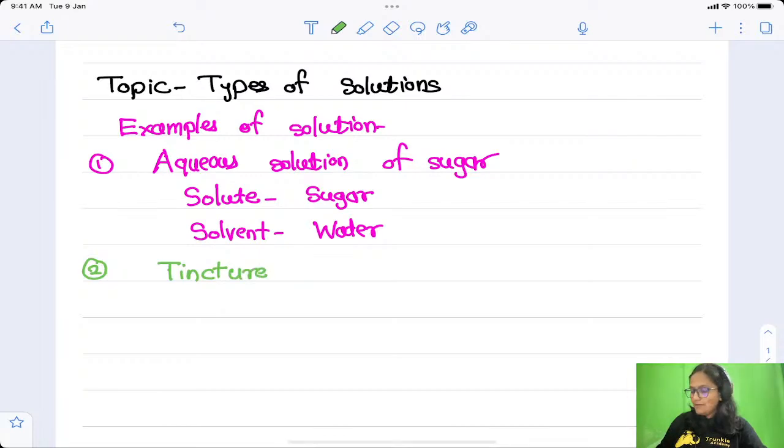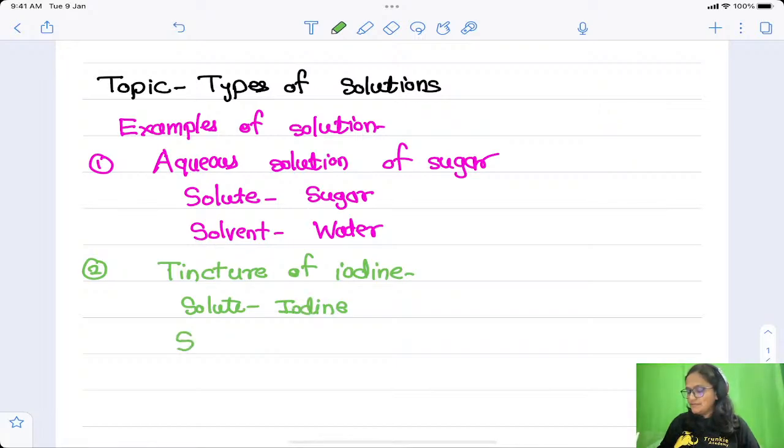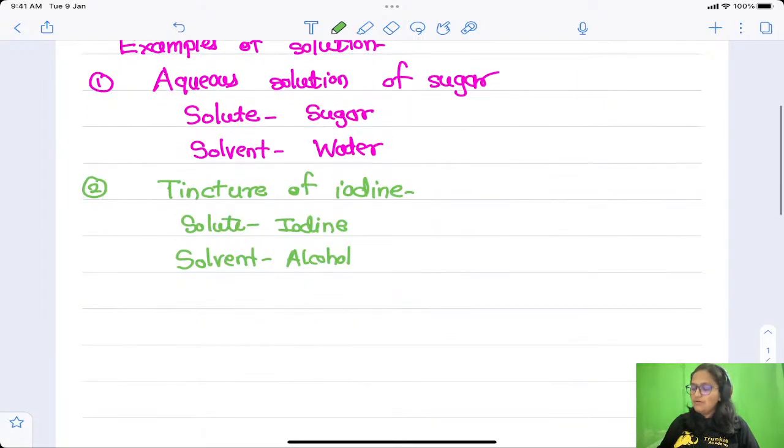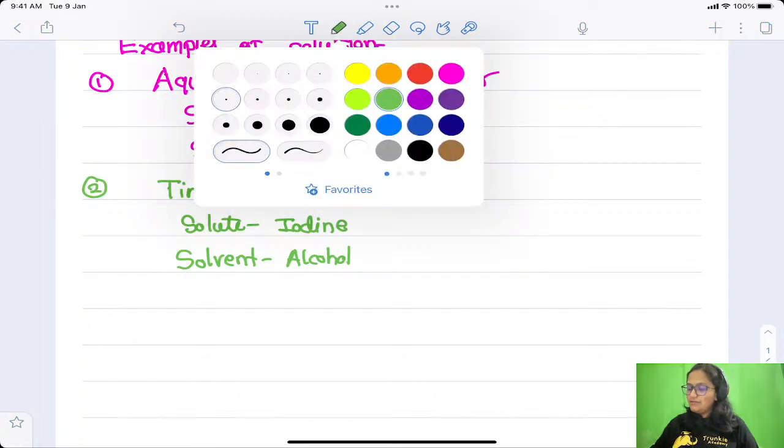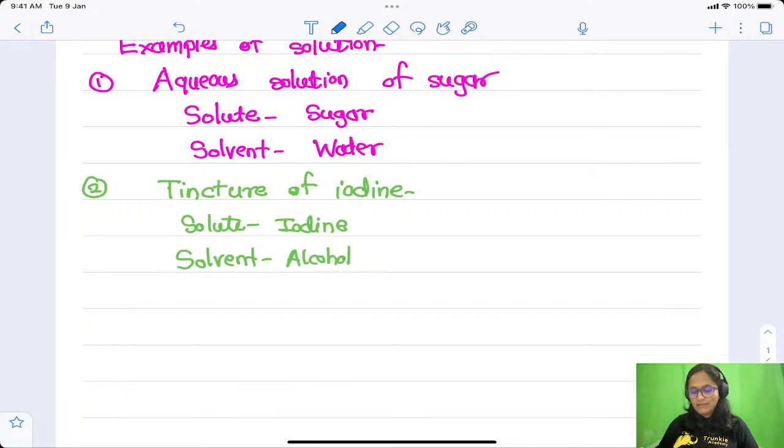Tincture of iodine is also an example of solution in which the solute is iodine and solvent is alcohol, ethyl alcohol. So this is also an example of solution. The tincture of iodine, solute iodine, it is the solution of iodine in alcohol.